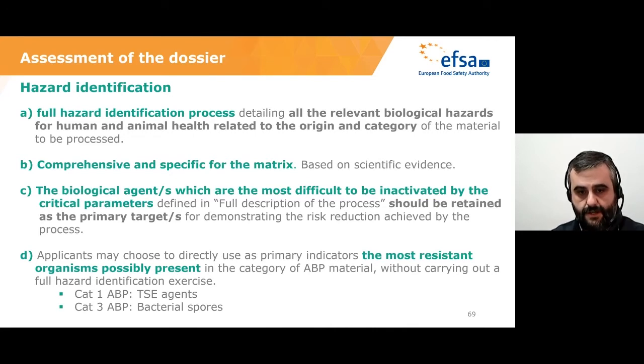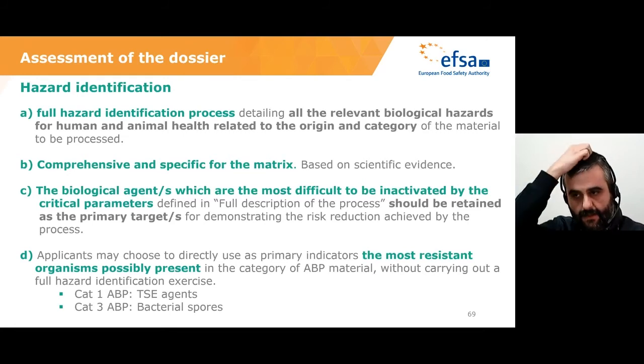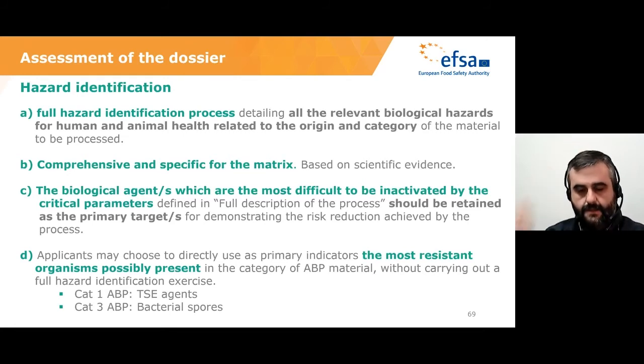I remind you that there are other parts of the dossier that Angel has highlighted before and that we also assess, as I mentioned before. So, for instance, the first part of the dossier is the full description of the process and the full description of the material to be treated.